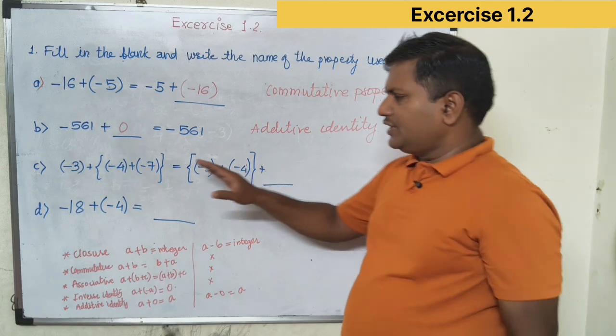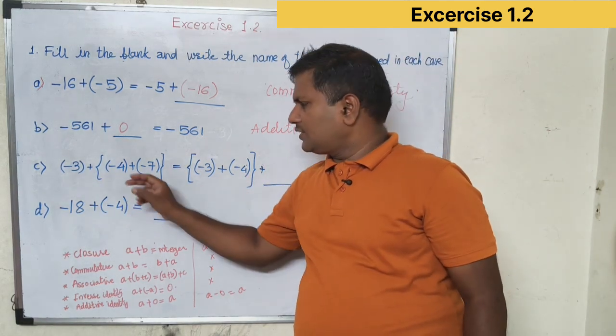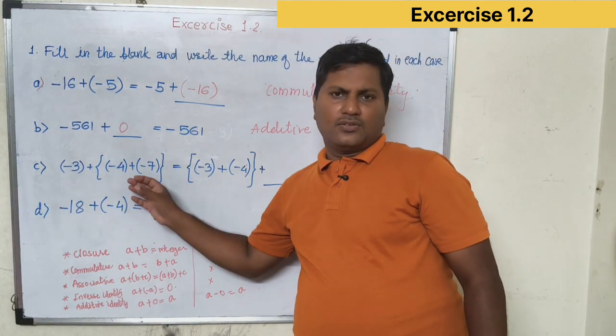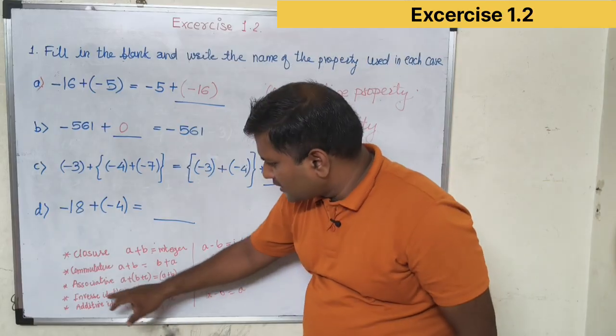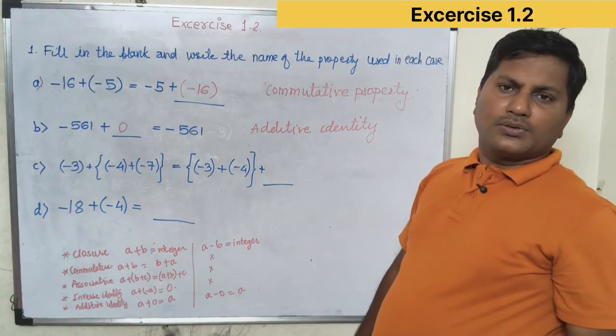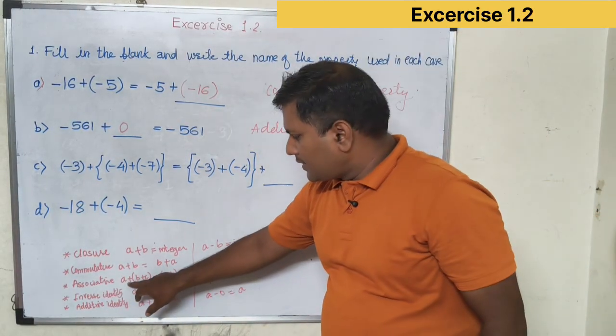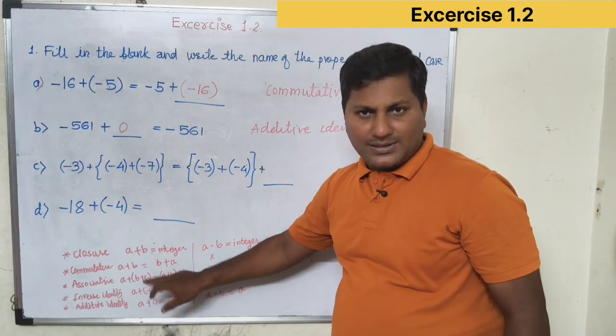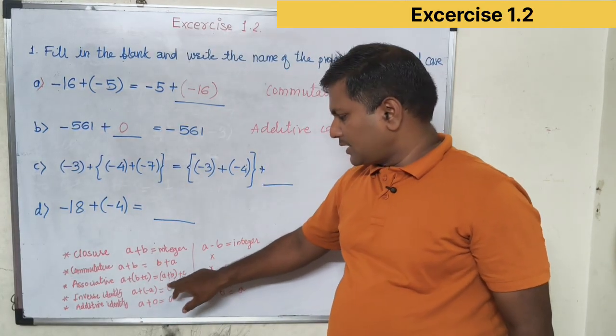This is based on 3 integers a, b, c with a plus sign, so this is addition, and this comes under the associative property: a plus (b plus c) is equal to (a plus b) plus c.